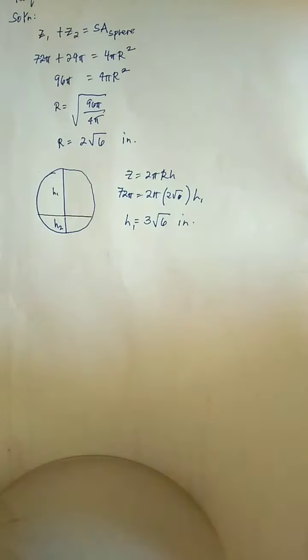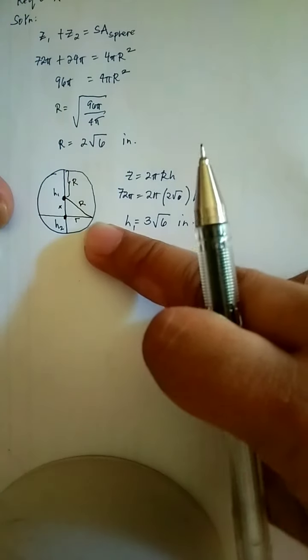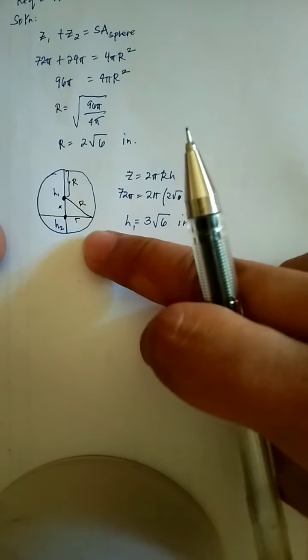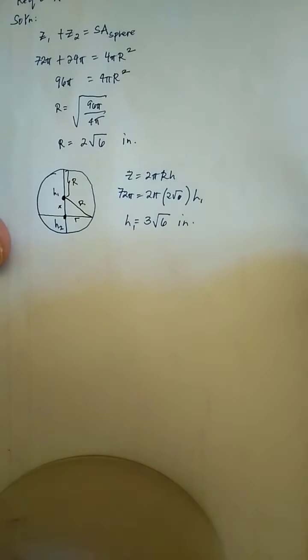Take note that this is H1. Here is the center of the sphere, and this is supposed to be our R, and this one too. So we need to find the x so that we can determine the radius of the small circle, or the radius of the cross section that is formed by the cutting plane.